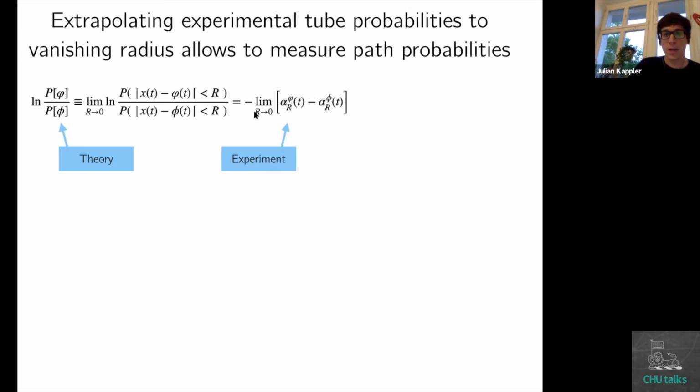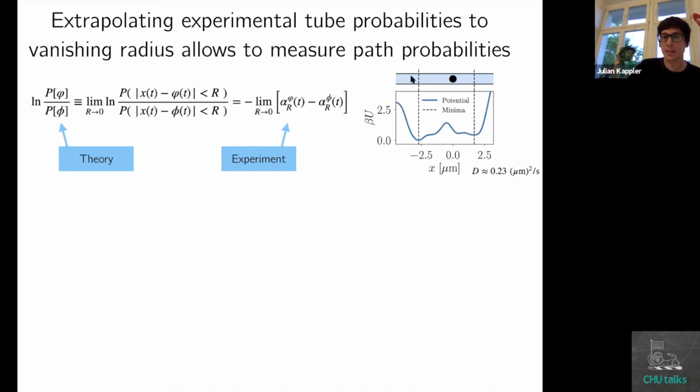You can extrapolate these measurements to 0, and then you can compare to these theoretical results. So this is the idea. Because we consider the finite radius, we have something we can measure, and we can then extrapolate to 0 without fitting a model or anything. And with this more or less raw measurement, we can then look at whether it agrees with theoretical results on ratios of path probabilities. And so this is what we did.